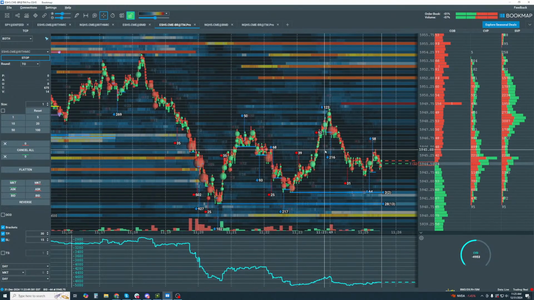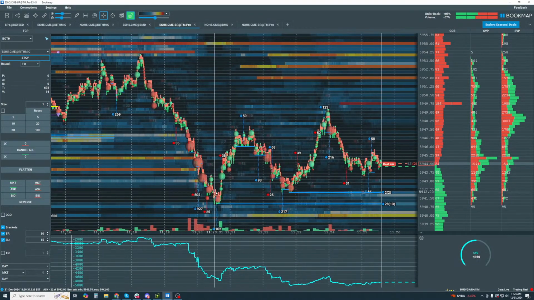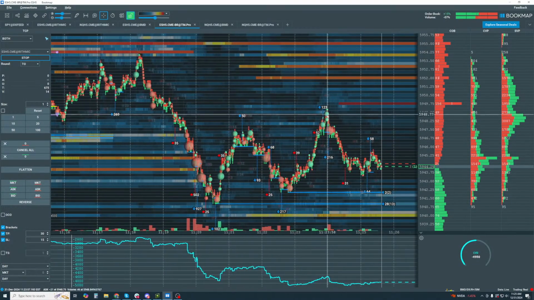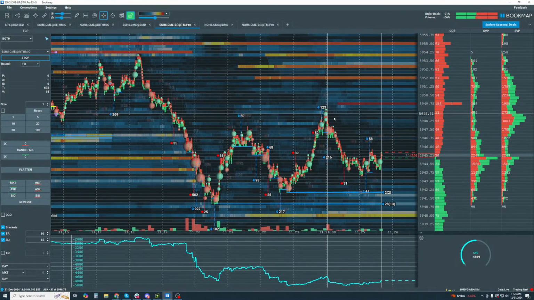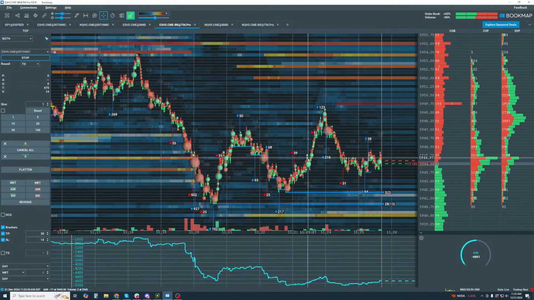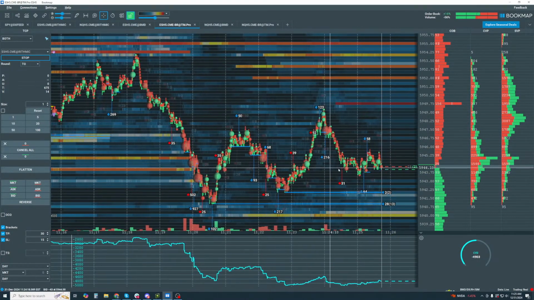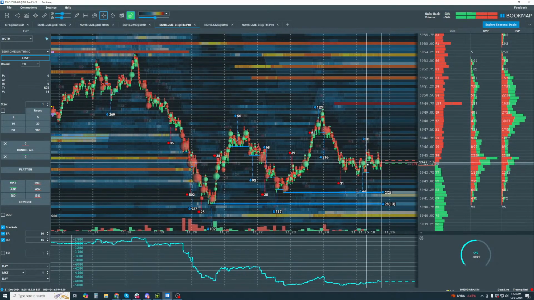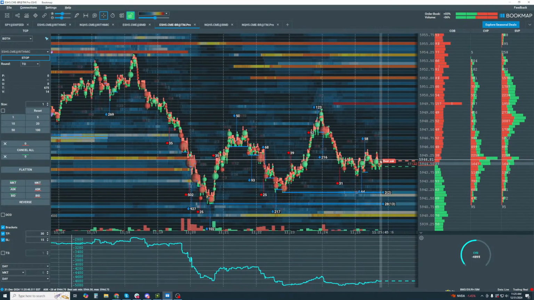Again, this was really nice on the way back up higher. Bit of accumulation in here. Has potential.